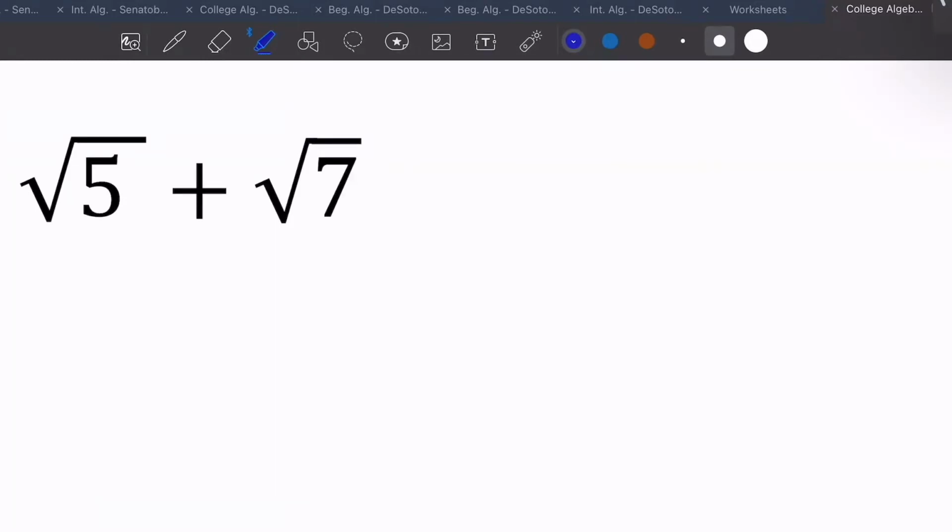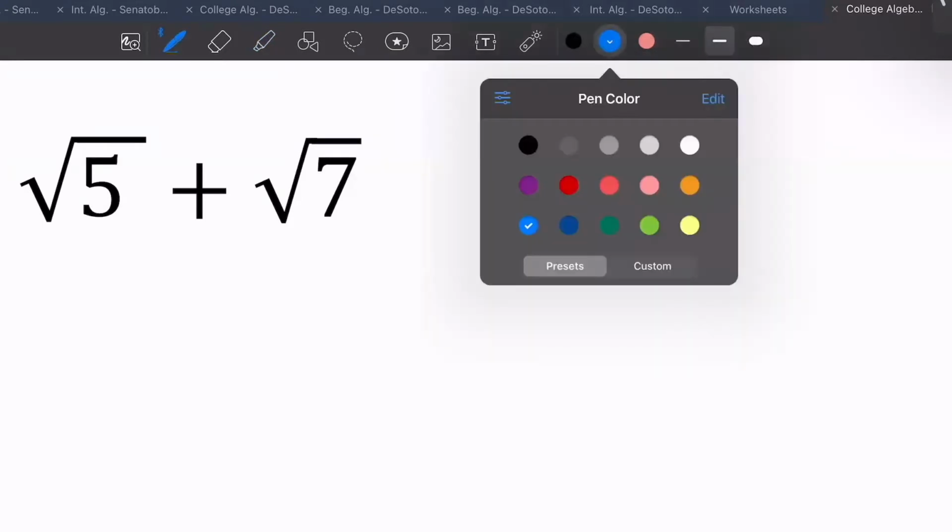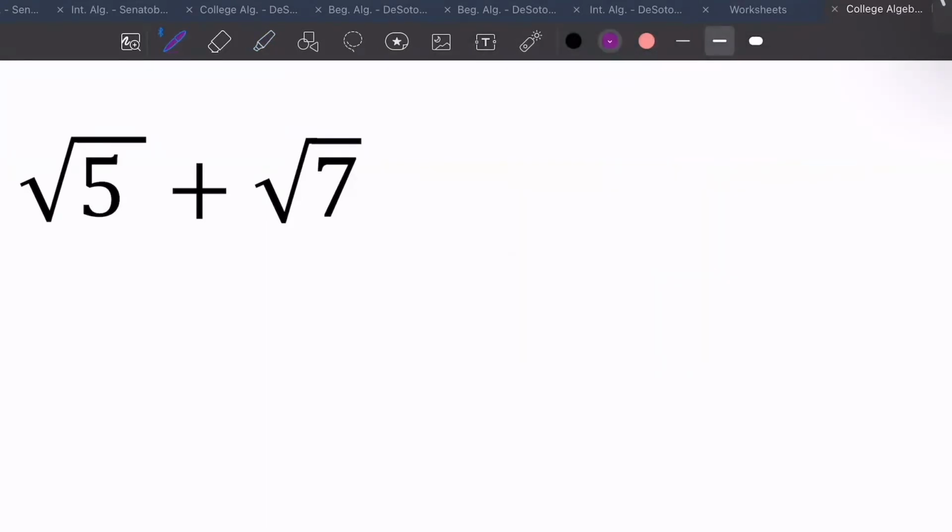Also, 5 and 7 are prime numbers, meaning the only factors of 5 and 7 are 1 and itself. So 1 and 5 and 1 and 7. So we can't even break it down and use one of the tools that we have in our toolbox to simplify this down to something that could possibly give us something that is alike. So this one, not alike.